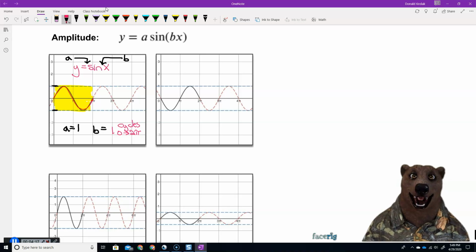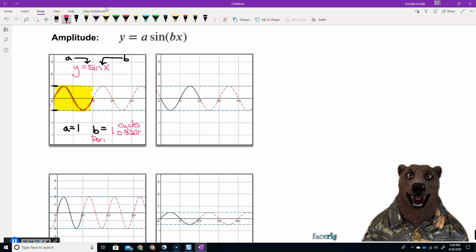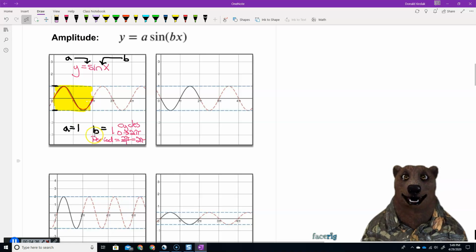Now to get the period, the period is 2 pi divided by whatever B is. Well, B in this case is 1. So the period is still just 2 pi. That's your normal sine graph.